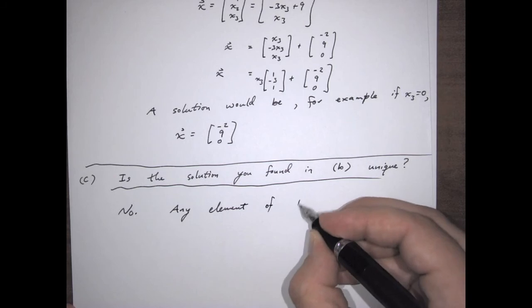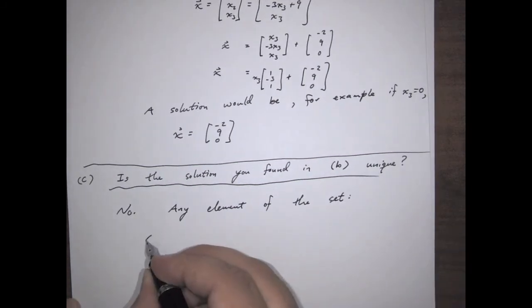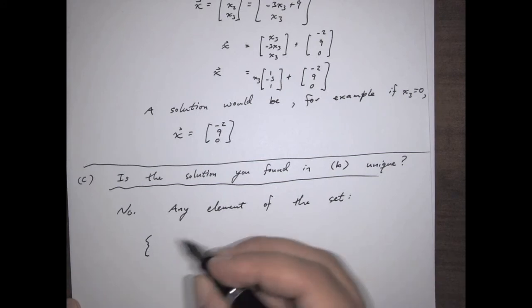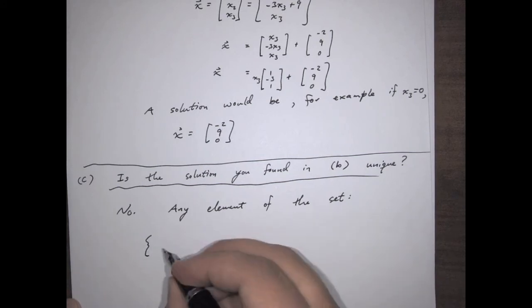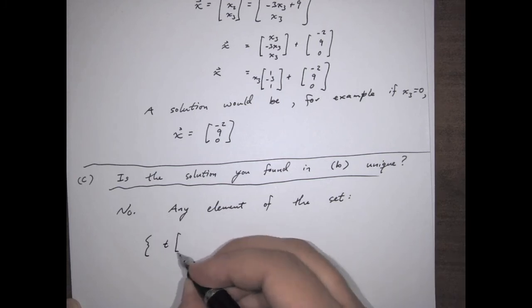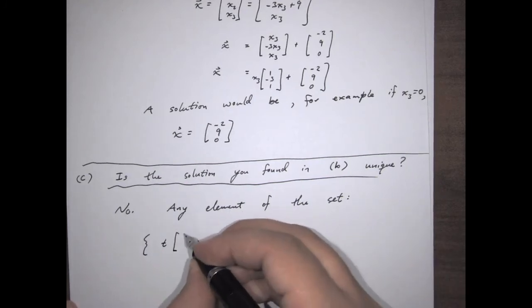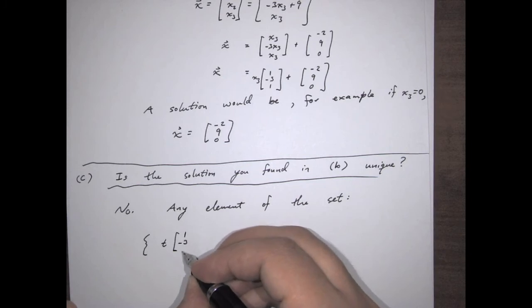Any element of the set, and here's a way you could write it. So you can make a set, and you can say what the one parameter family looks like, and it'd be customary here to use a generic letter like t for a parameter, t, s, things like that.